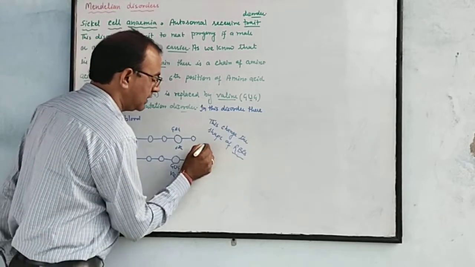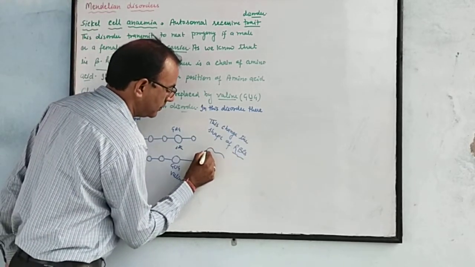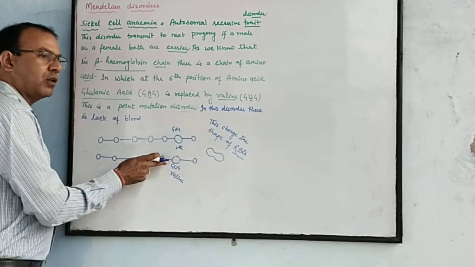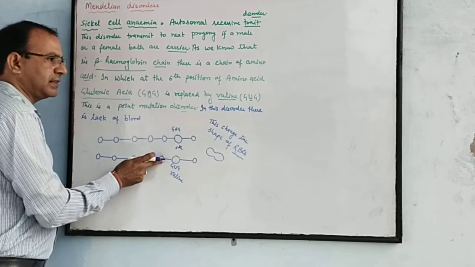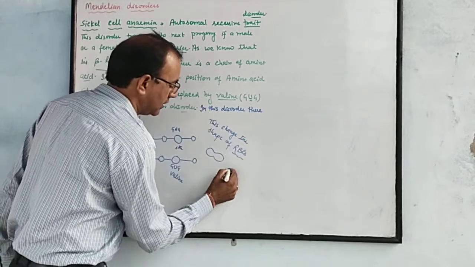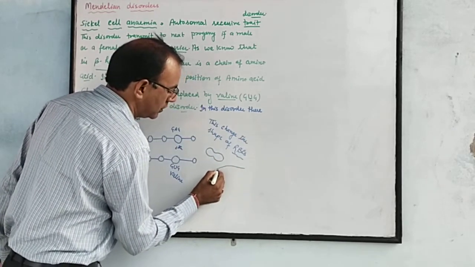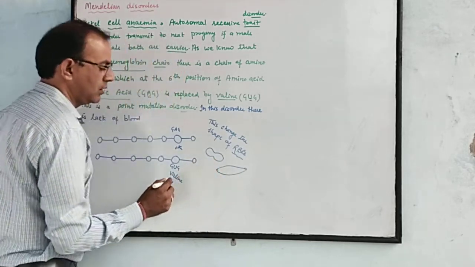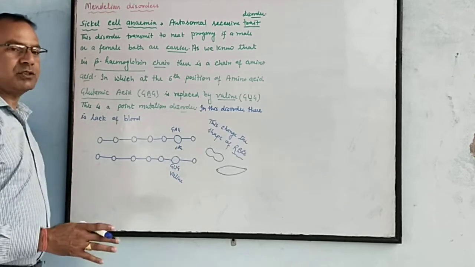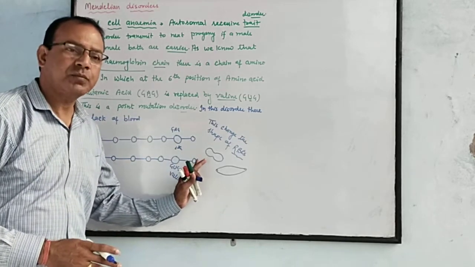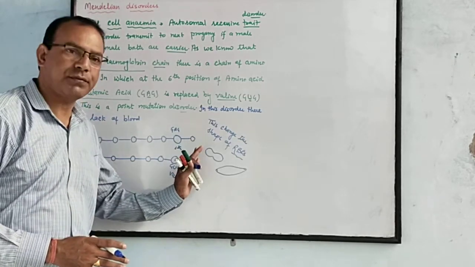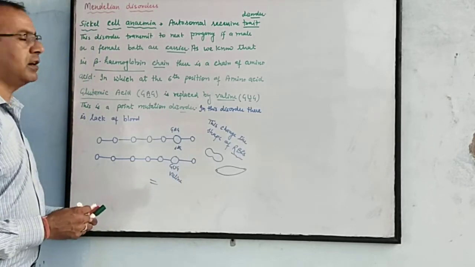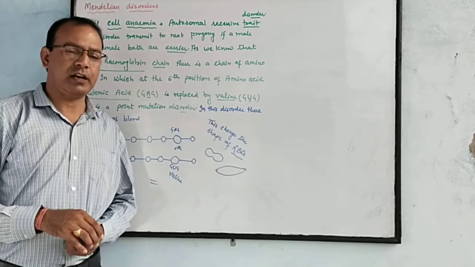We know that an RBC is biconcave in shape, but due to the conversion of glutamic acid into valine, its shape is changed into just like this one. So this is also a disorder which may cause anemia. A person suffering from anemia may die. Clear? These are the three types of disorders. In the next part we will discuss the other remaining disorders.